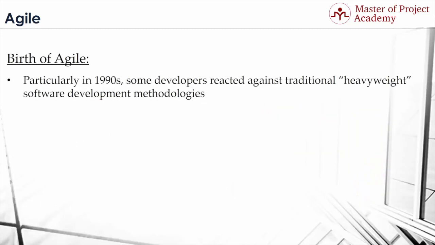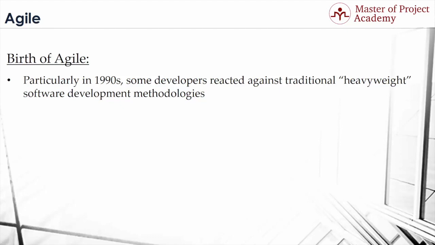Particularly in 1990s, some developers reacted against traditional heavyweight software development methodologies. Because the conventional project management methodologies were not welcoming the changes, and this was causing lots of rework after the product is presented to the customer. And in software development, it is a crucial step to present the customer a prototype, get the feedbacks, and reevaluate the remaining tasks and plans respectively.